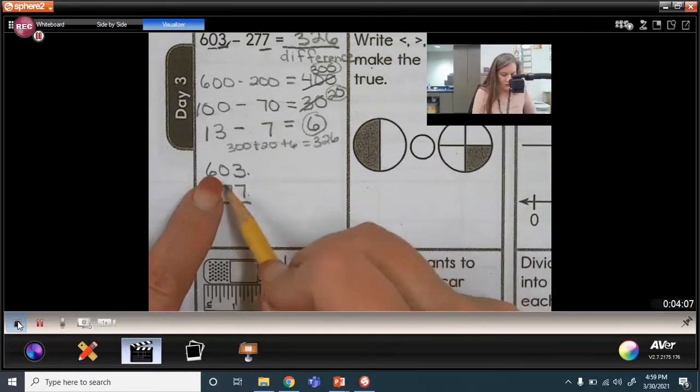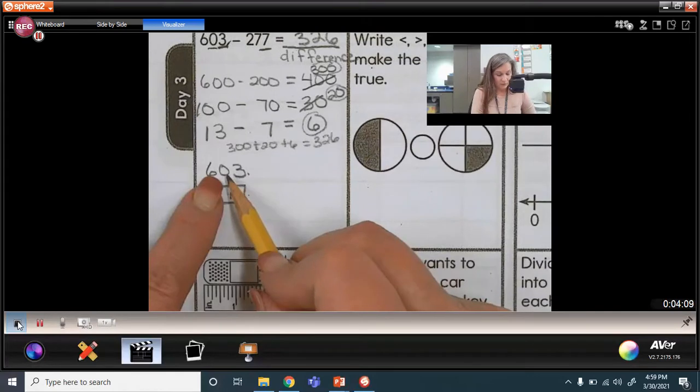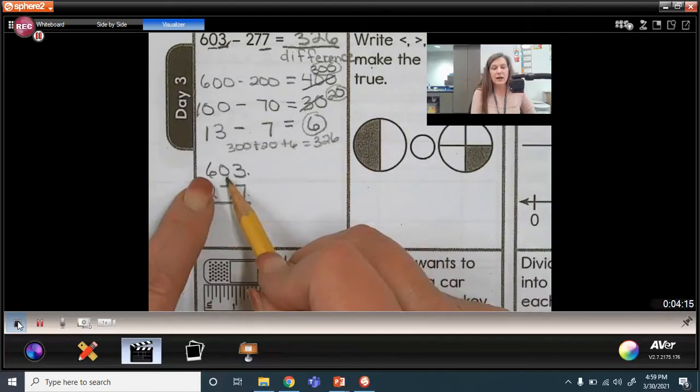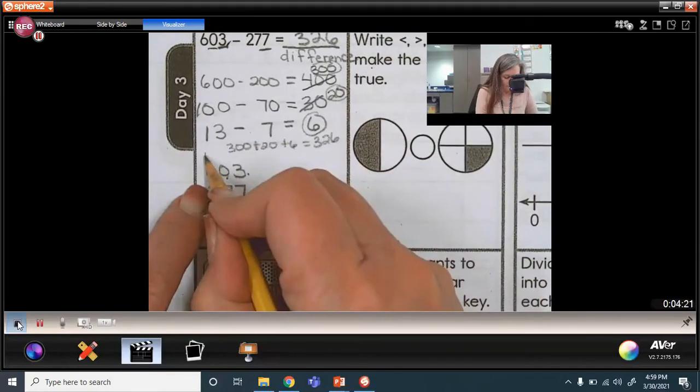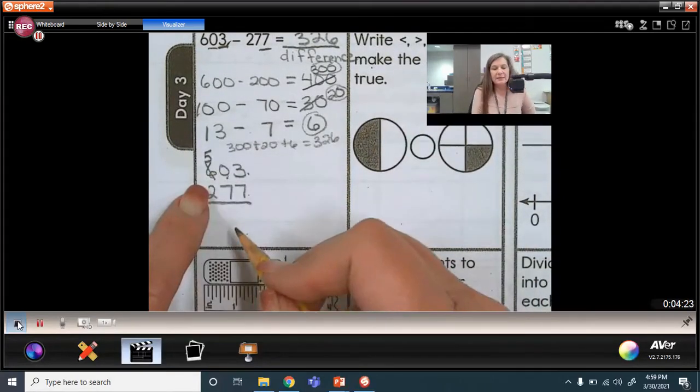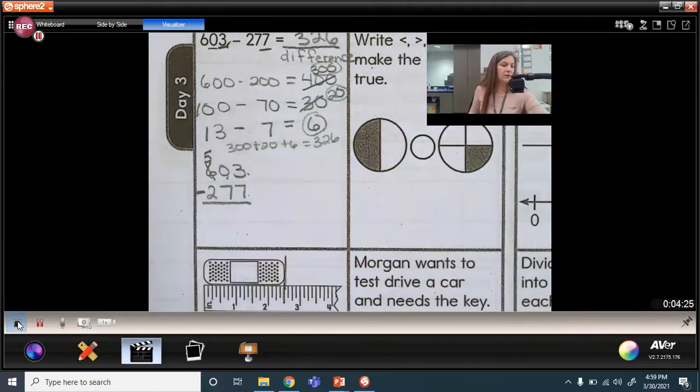So that means I need to borrow, but I don't have any tens to borrow here. So where can I get some tens that I can use to borrow? Well, I can take 100 and make it into 10 tens. So that means that I'm going to take that 100, and regroup it as 10 tens.